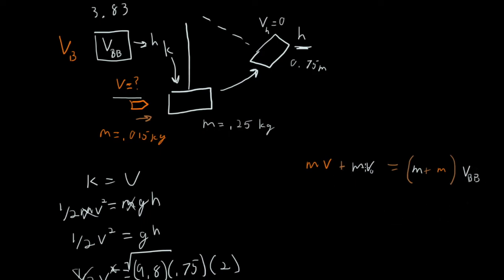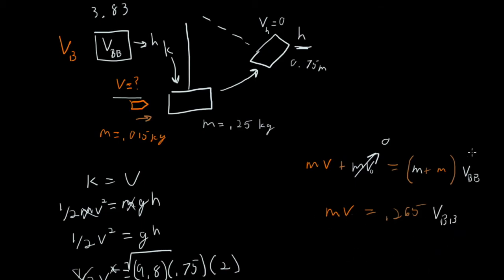So this guy, mv naught, that is 0 because the ballistics gel isn't moving before it gets struck. So all of this is just going to be mv equals mass plus mass, which here is going to be 0.265, so let's just write that in, 0.265 VBB.